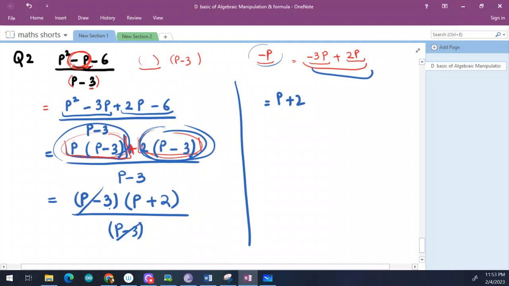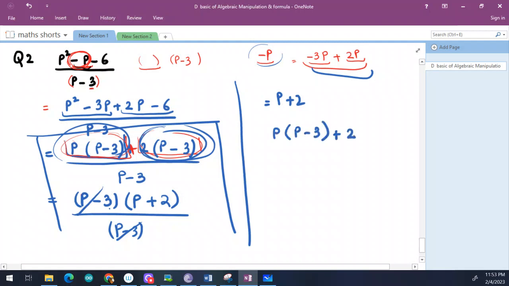I am going to repeat this. You have p times p minus 3 plus 2 times p minus 3. I was telling you that this is a complete term, and this is a complete term. In this complete term, p minus 3, and in this complete term, p minus 3.